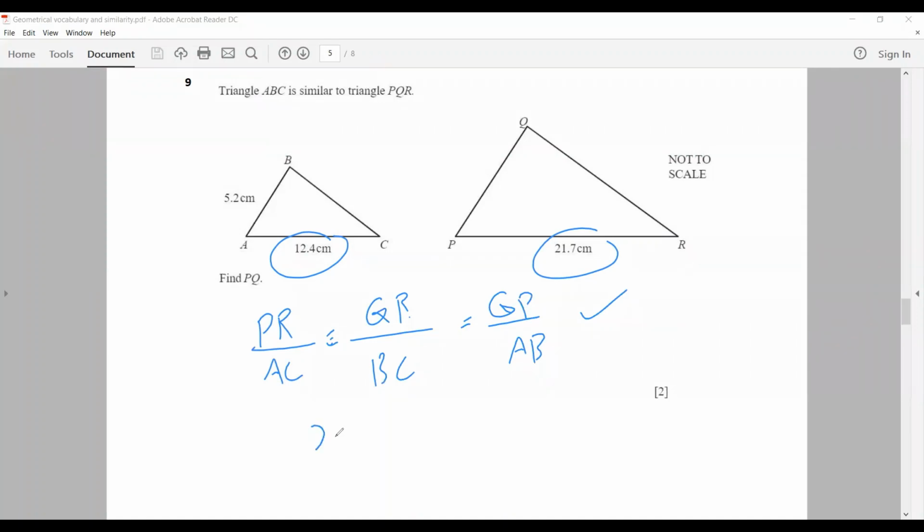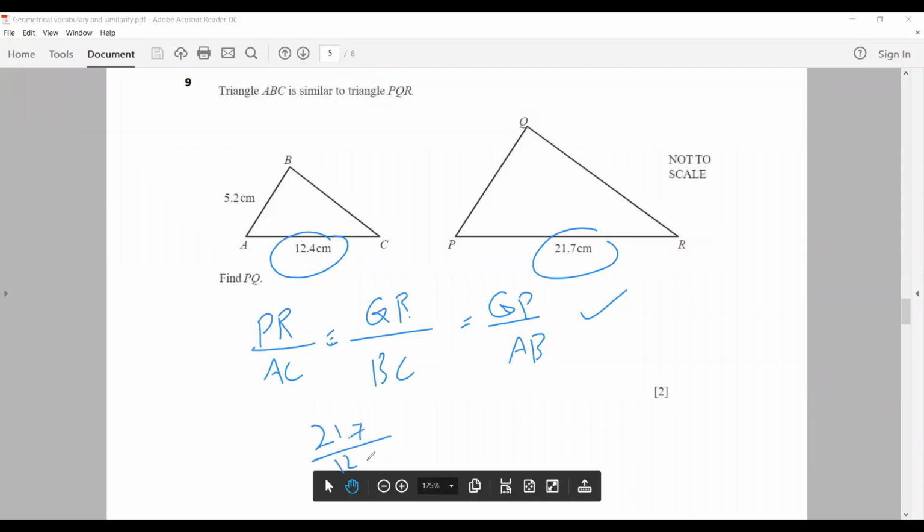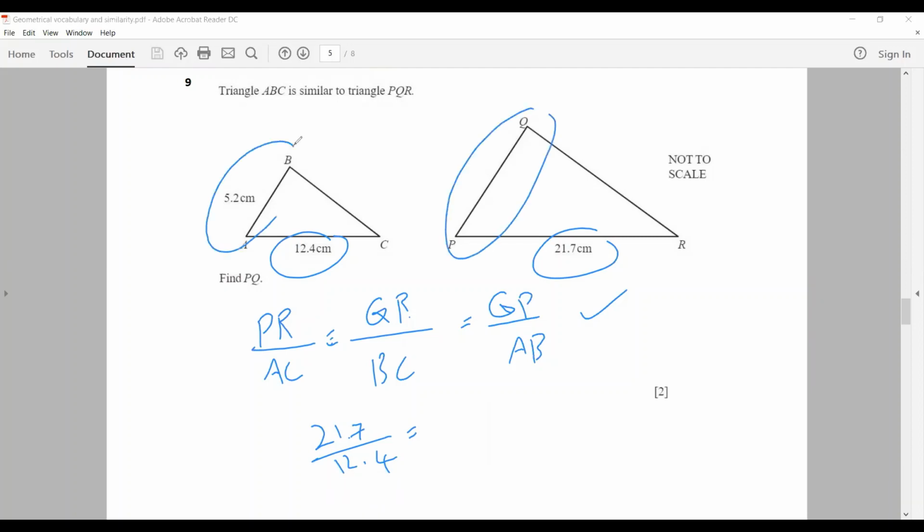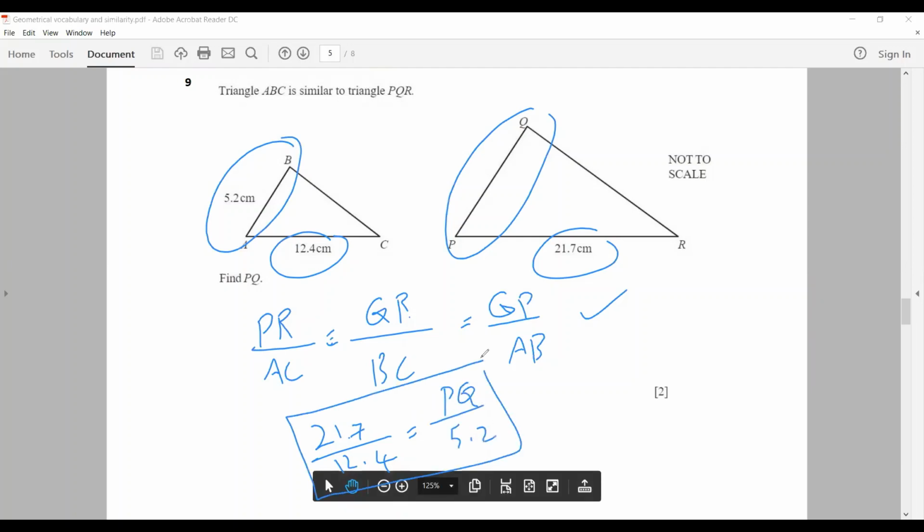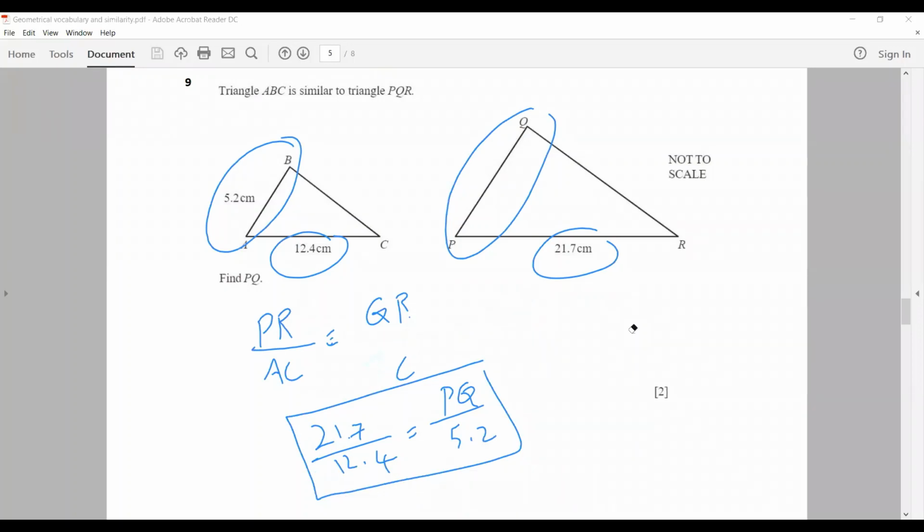So I know 21.7 over 12.4, and then PQ is here. You have to divide it by the corresponding side from the other triangle, which is 5.2. So you have to write this. I just wrote this to do a quick recap about similarity.